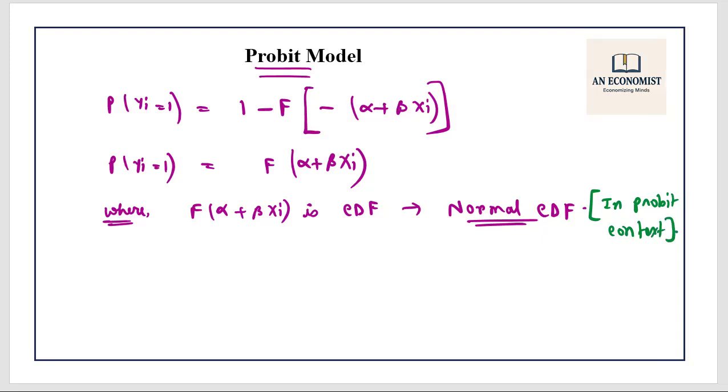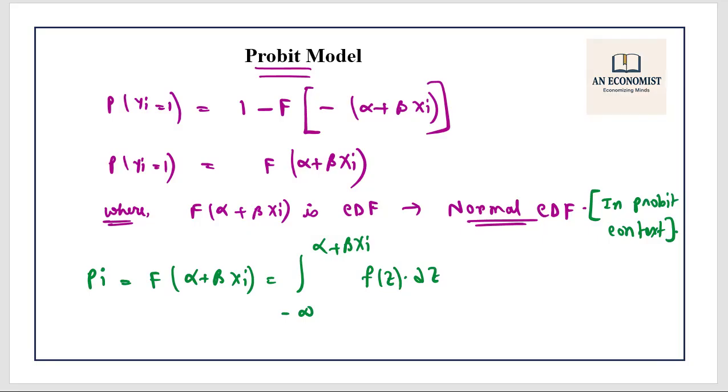Right? So basically the probability will be simply alpha plus beta xi, and you will write it in the form of the normal CDF. So if you remember, it will be the integral from minus infinity to alpha plus beta xi of f(z) dz.